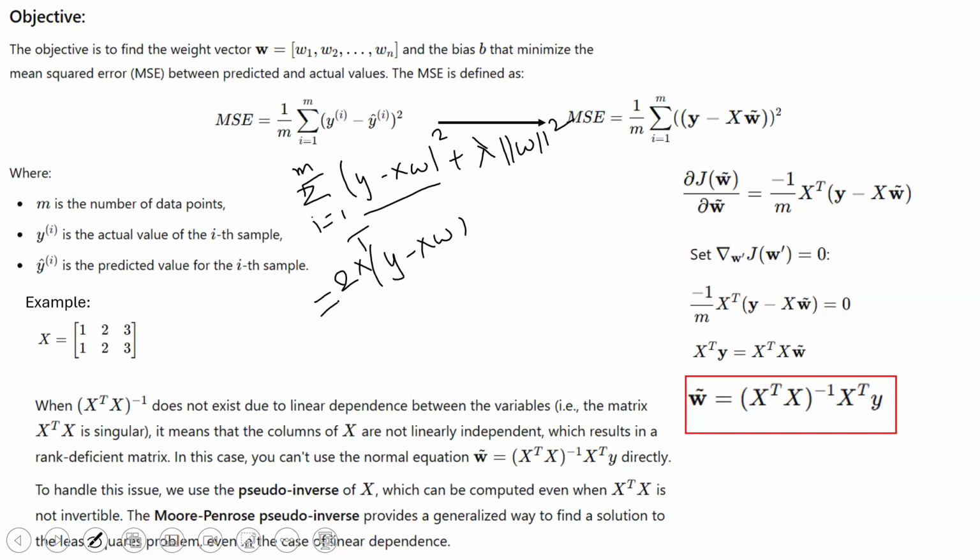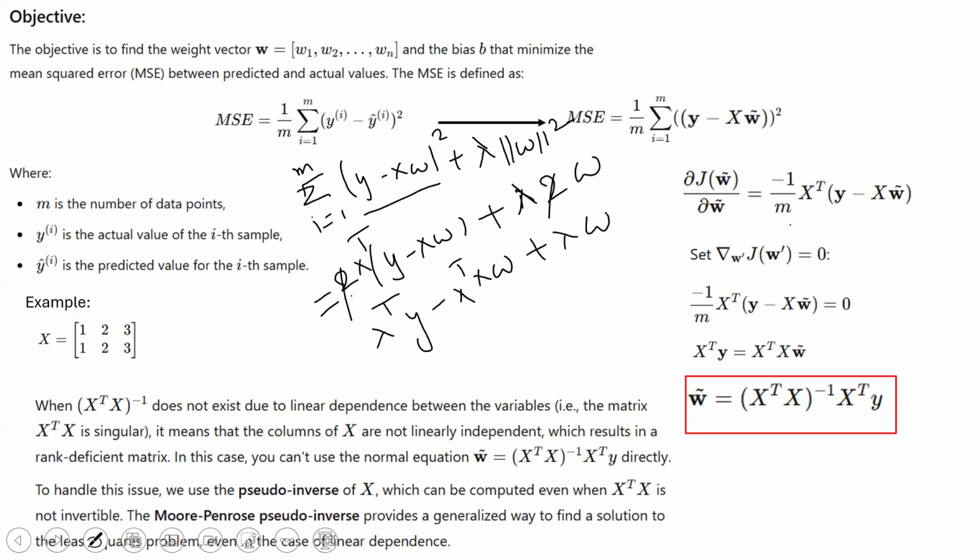So eventually this comes down to 2 into X transpose into (y minus Xw) plus lambda into 2 into w. W square, when you take the derivative with respect to w, becomes 2w. Now I am removing these 2s on this side. So this becomes X transpose into y minus X transpose X w plus lambda into w.